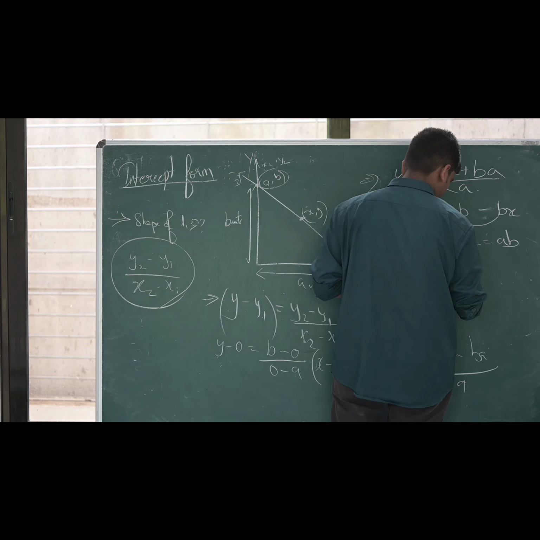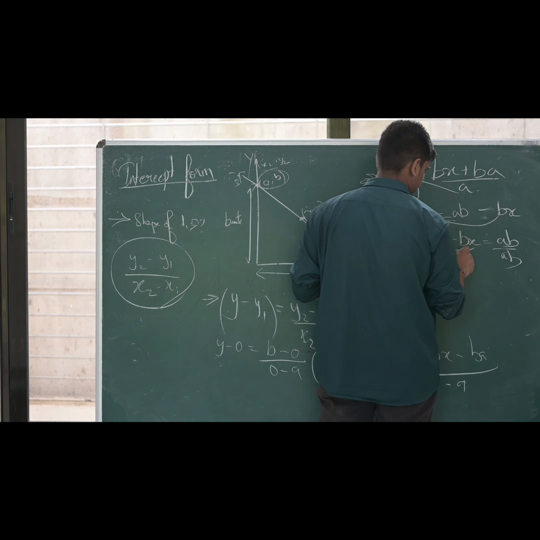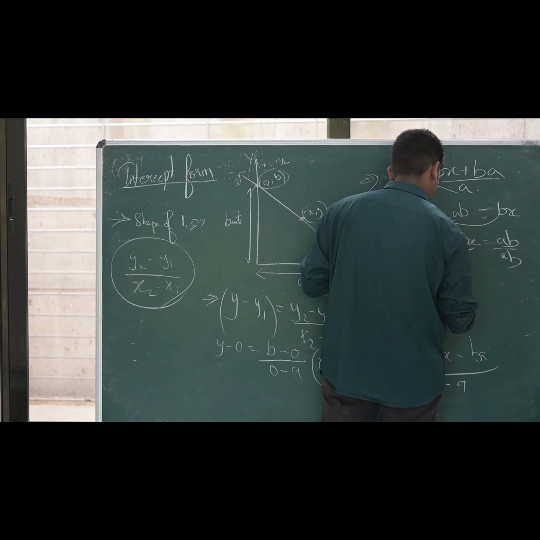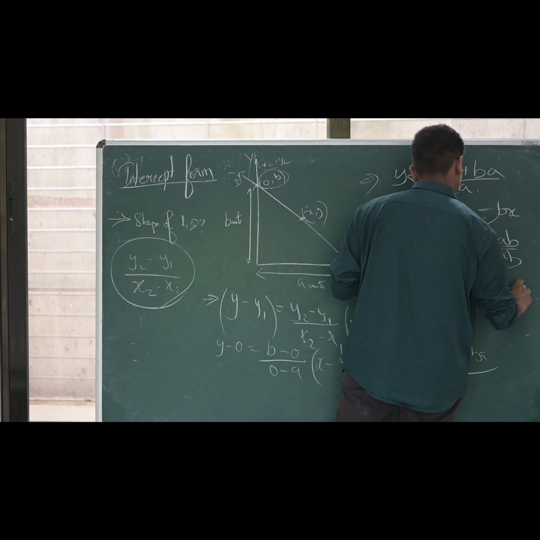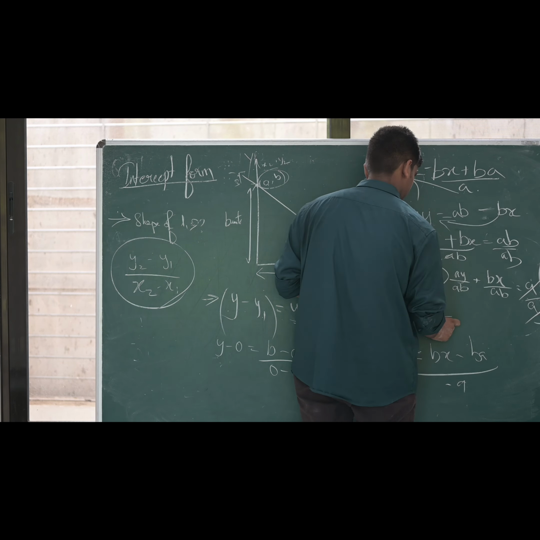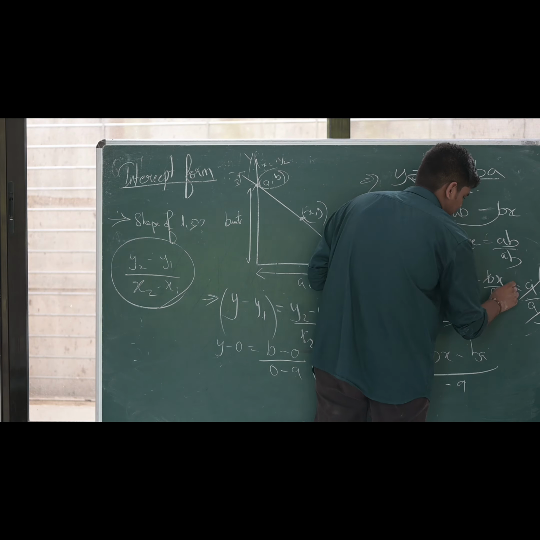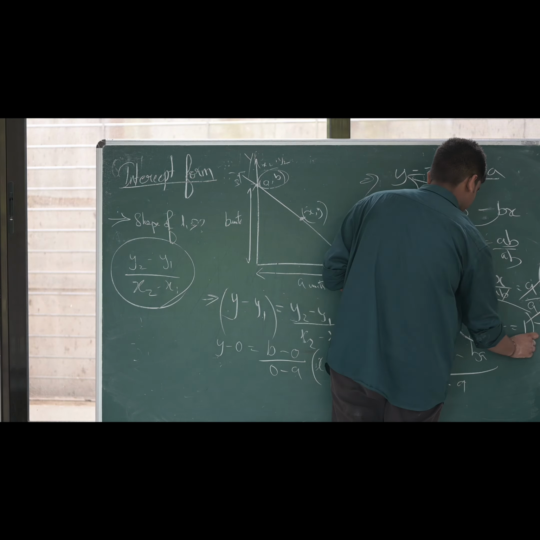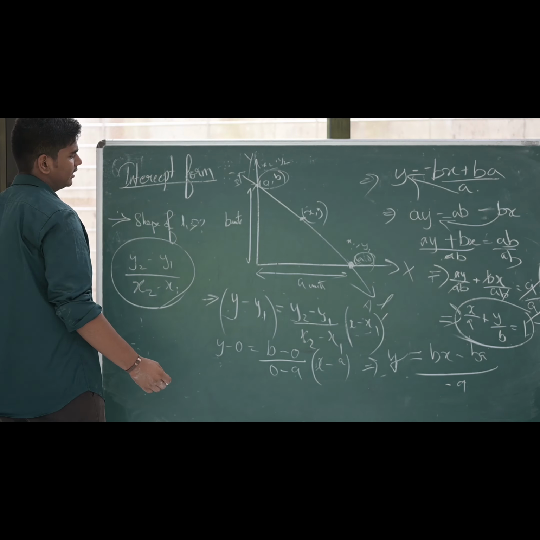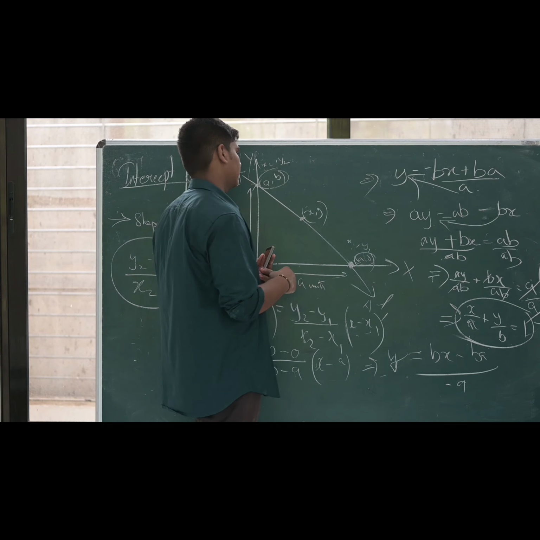Dividing both sides by ab, ay by ab plus bx by ab is equal to ab by ab. This will result in x by a plus y by b is equal to 1. So what is the intercept form? General intercept form, x by a plus y by b is equal to 1.